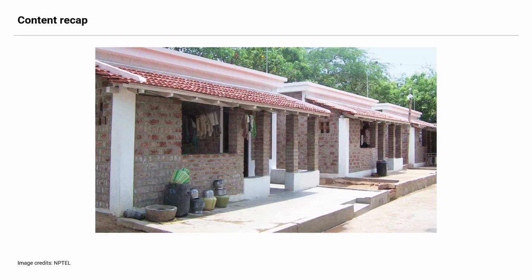All right. So continuing with our content recap, this basically talked about the housing design for the coastal areas wherein the inhabitants were affected because of the tsunami, and the idea was to come up with a new set of housing.